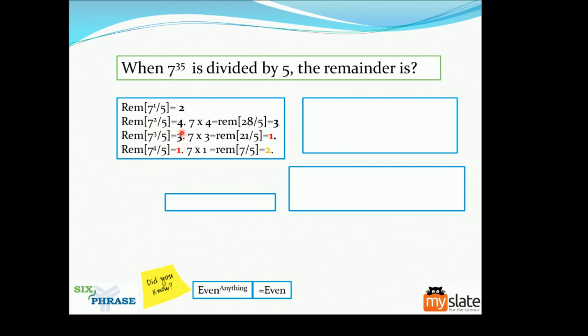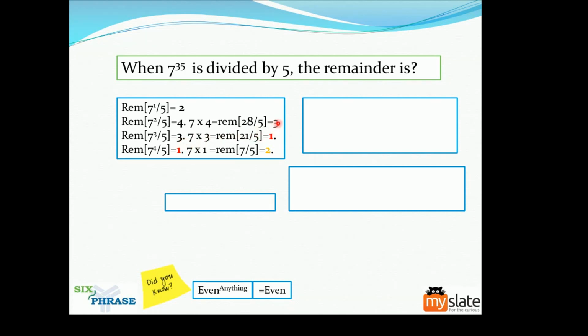You don't need to calculate 7 cube. Take the 7, multiply it with 4. 7 into 4 is 28. Now divide it by 5, get the remainder. If you divide this by 5, you will get the remainder to be 3. This 3 is this 3. That is why you see both of these 3's in black color.